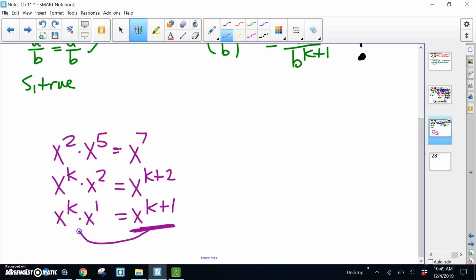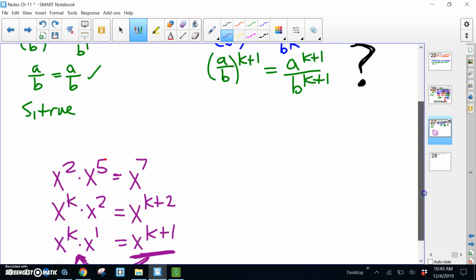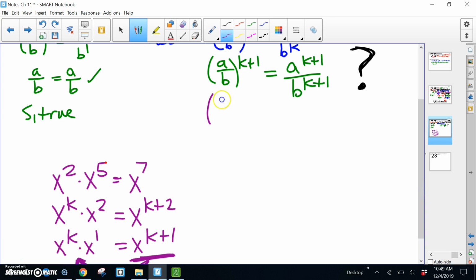You need to be smart enough to go backwards and understand how to split that up. If I have an exponent k plus 1, like I do up here, it would be nice if you could understand that that could be split up in this way. We're multiplying two powers, which is how we ended up adding those exponents.